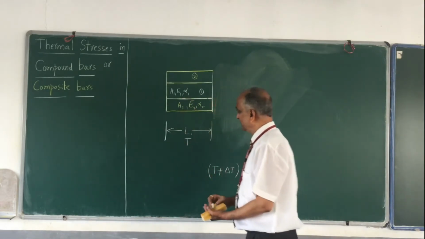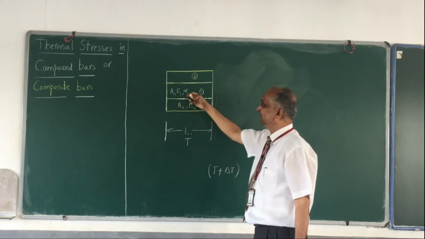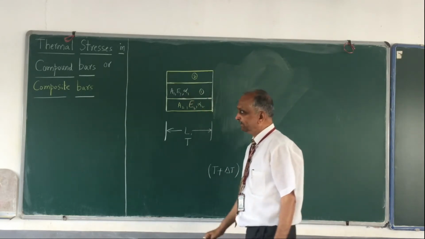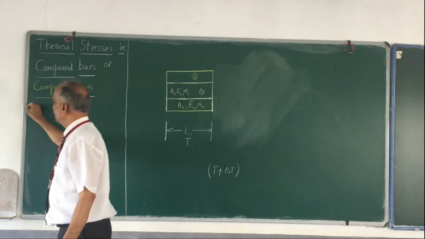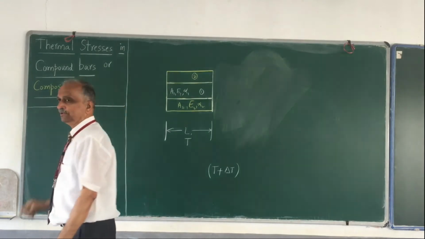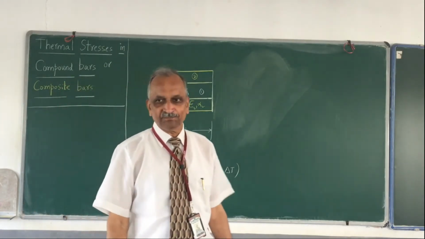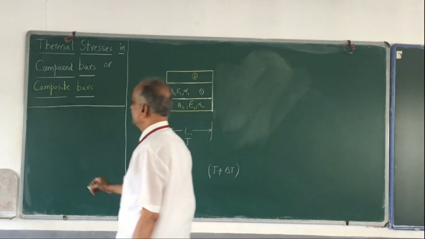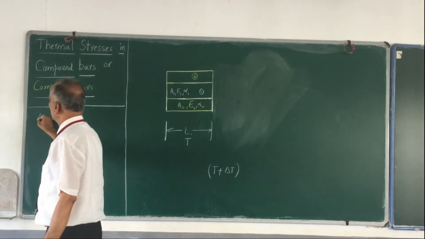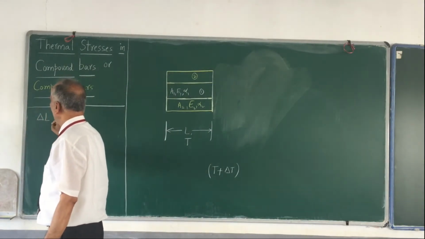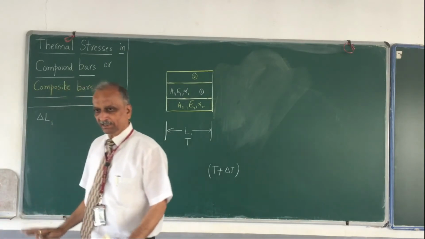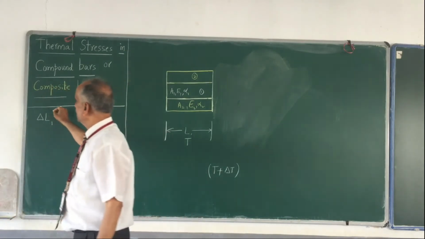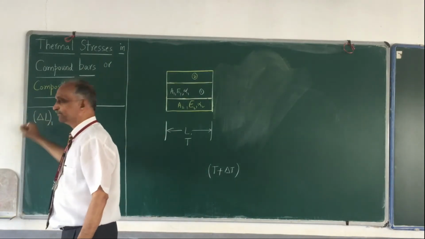There is material 1 and material 2, and both of them have different alphas, therefore they are subjected to what are called the different amount of free expansion. So what is that? I shall call it delta L of 1, it is not delta L1, delta L of material 1.